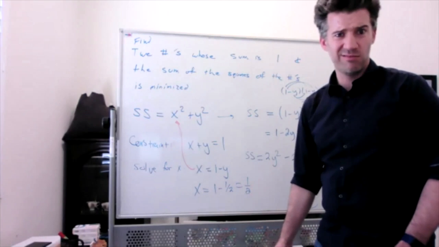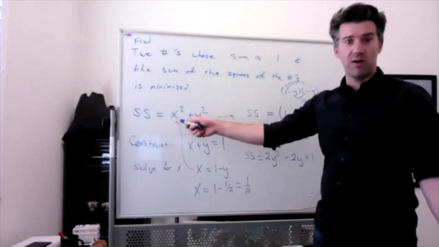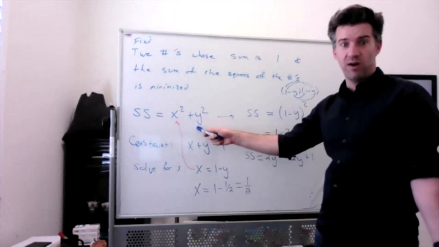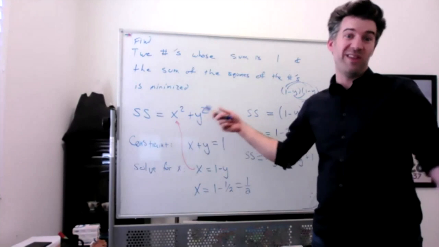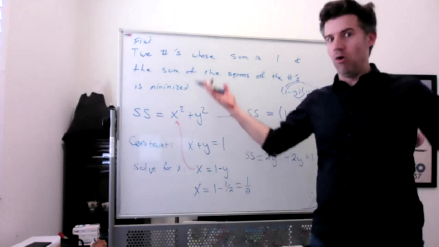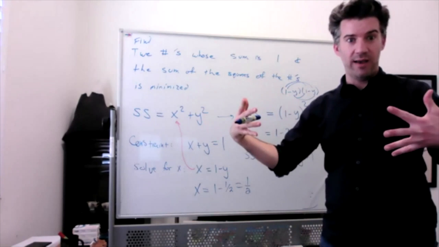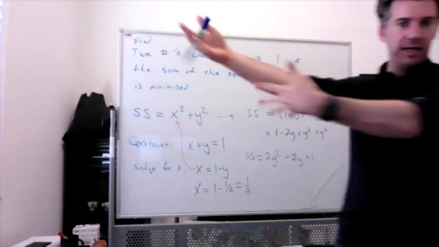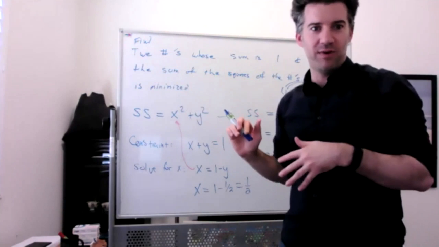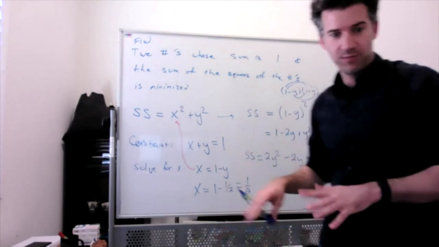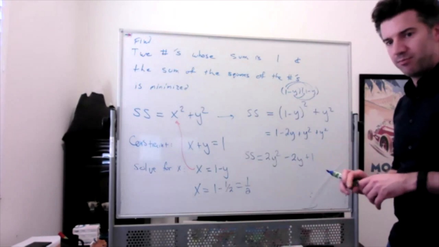Kind of weird, but it does make sense, right? 1/2 squared is 1/4, plus 1/2 squared is 1/4, and 1/4 plus 1/4 is 1/2. So here, all the things are 1/2, both the dimensions, the x and the y, as well as the thing that we minimized, which is 1/4 plus 1/4, which is 1/2. So it's a little bit weird, but perfectly okay.